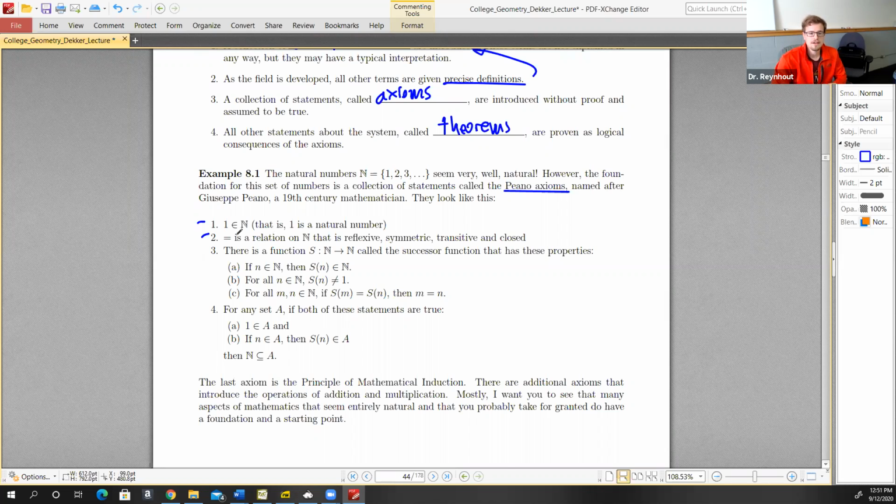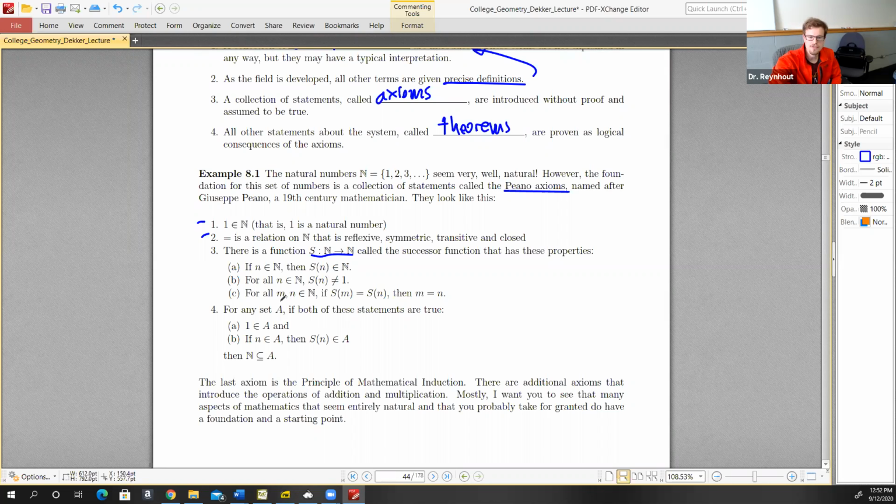All right, there is a function called S from the natural numbers to the natural numbers called the successor function. And it has three properties. If a natural number is plugged into this function, what comes out is a natural number. That makes sense. After all, isn't that what this notation says? For all natural numbers, the evaluation of that is not equal to 1.